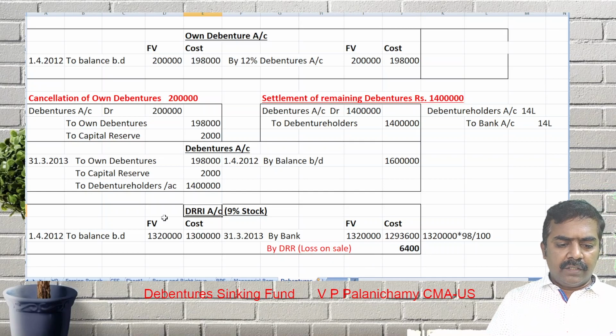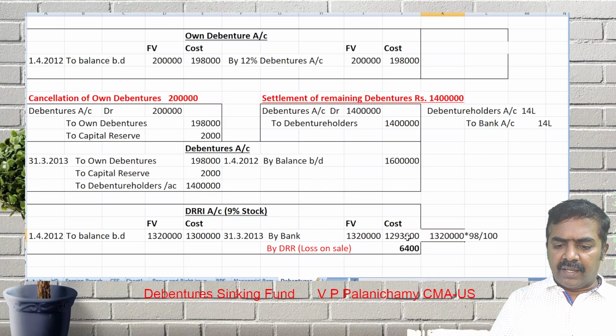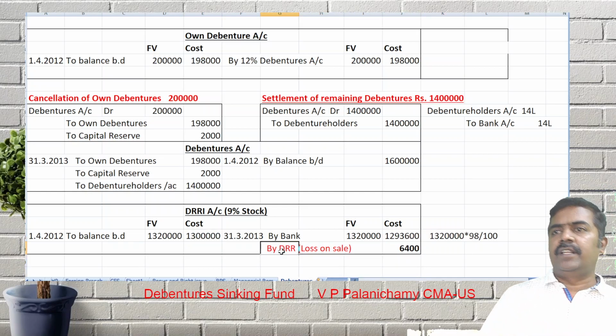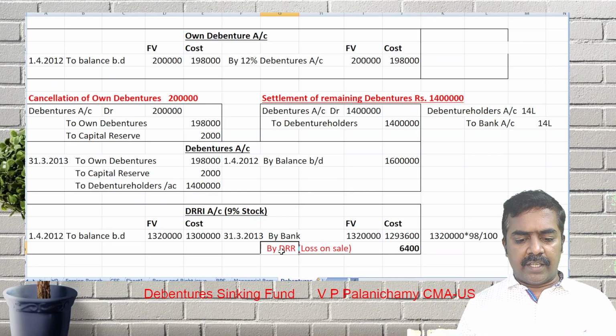Any doubt in it? Face value 13,20,000. அதோட காஸ்ட் நம்ம ஃபர்ஸ்டே ஒர்க் அவுட் பண்ணிட்டு எவ்வளோ 13 lakhs. It is sold at 98 by 100. அப்படின்னா 12,93,600. The loss on sale will be adjusted against what? Debenture redemption reserve account. Take up this also.